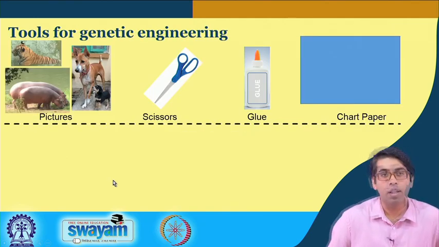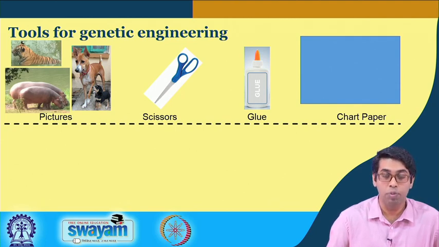Okay. So, what are the tools for genetic engineering? As you have seen, it involves a lot of cutting and pasting, right. So, it is very similar to making a collage. Suppose you have all these different pictures and you want to make a collage out of them.